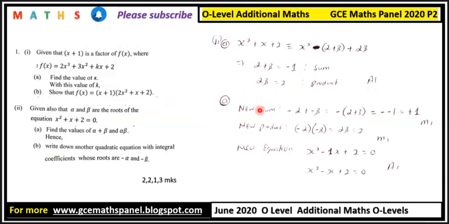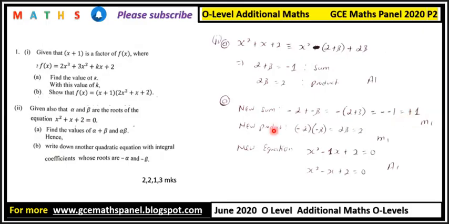And now write another quadratic equation with integral coefficients whose roots are minus alpha and minus beta. So here our new sum will be minus alpha plus minus beta, which is giving us minus into alpha plus beta. And knowing already that alpha plus beta is minus 1, that will give us a new sum to be plus 1.